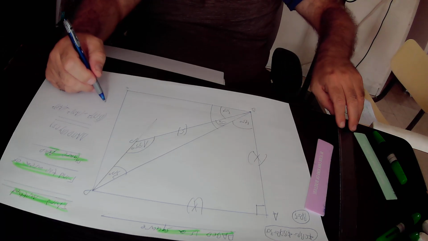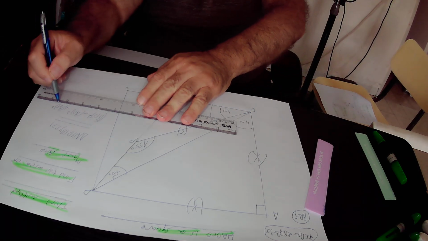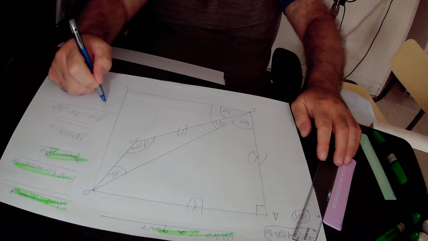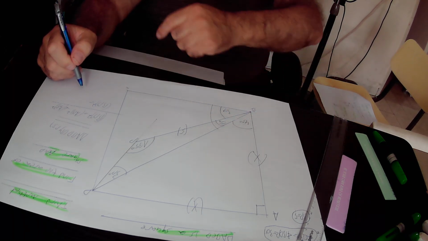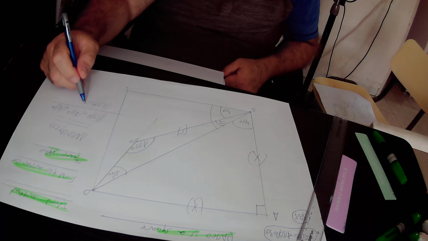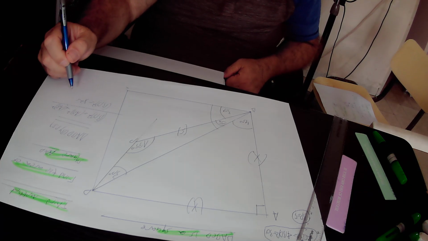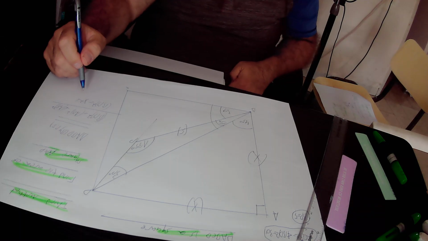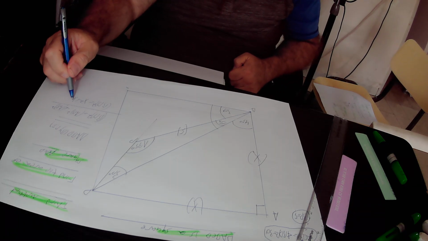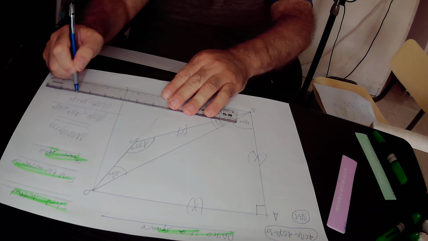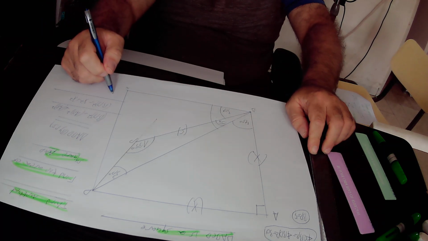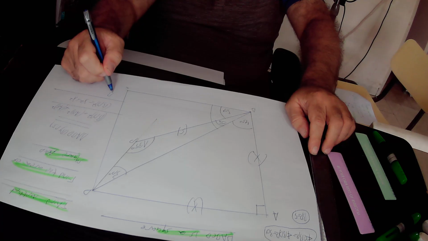So BD squared equals AD squared. AD is x, so AD squared is x squared, plus AB squared. AB is also x, so AB squared is x squared. So in total, BD squared equals x squared plus x squared, which is 2x squared. So BD squared equals 2x squared.